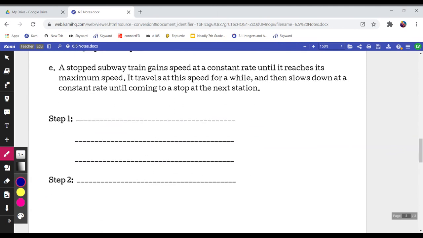So there are two steps when doing this. Step number 1 is to draw the axes, meaning the X and Y axis.